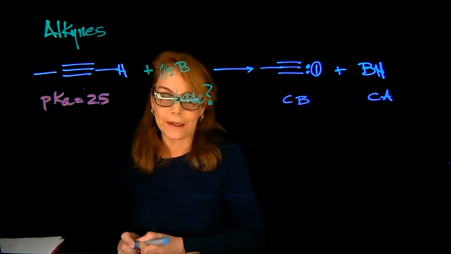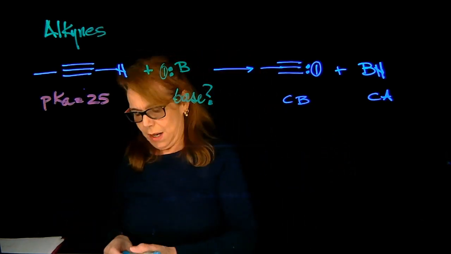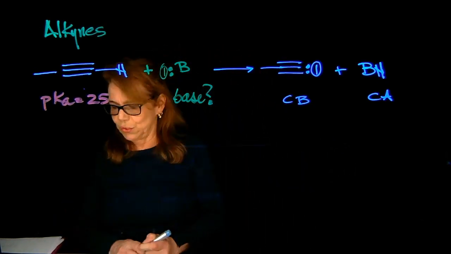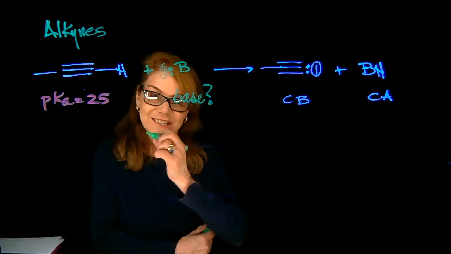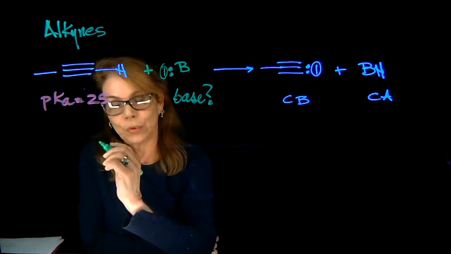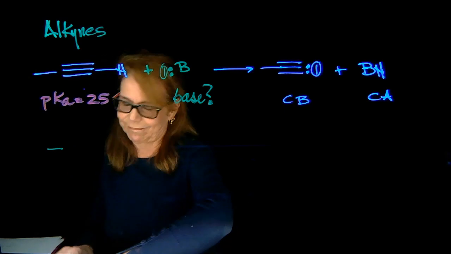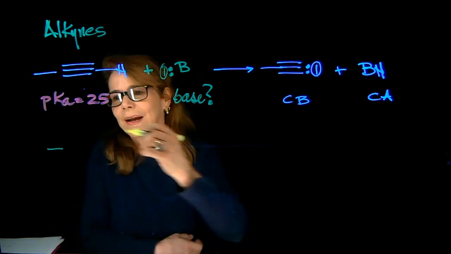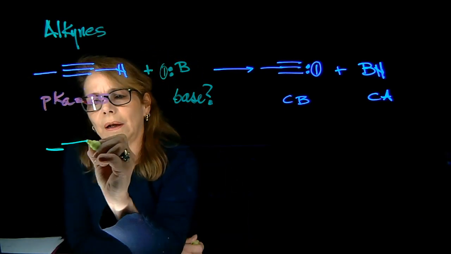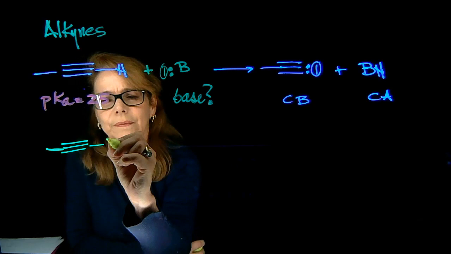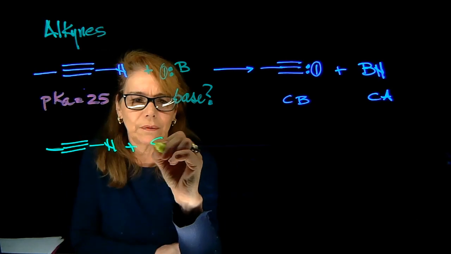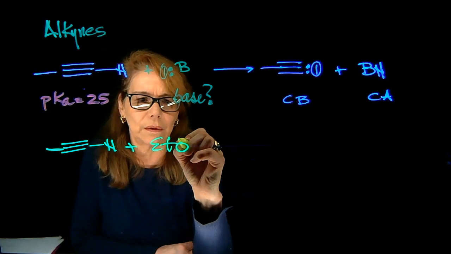Here we're going to be analyzing the equilibrium. Say that I want to see if ethoxide will work. So I'm going to draw that again: my terminal alkyne as my acid, and say that I make it react with ethoxide.